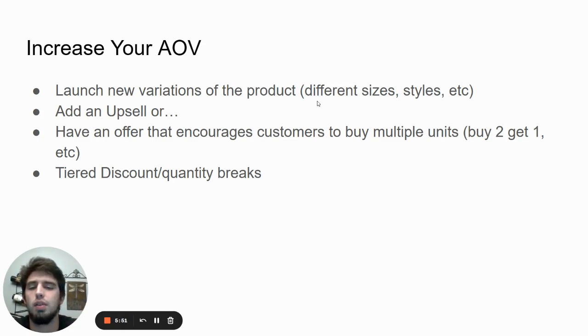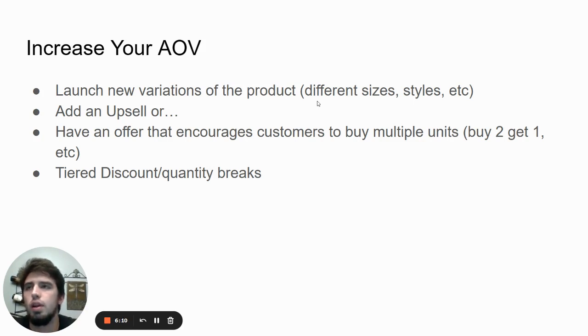So just by having different styles, by having different sizes of your product, like a 12 ounce and a 16 ounce and a 24 ounce, if you're selling a shaker bottle or something, just having different sizes would allow customers to spend more money.